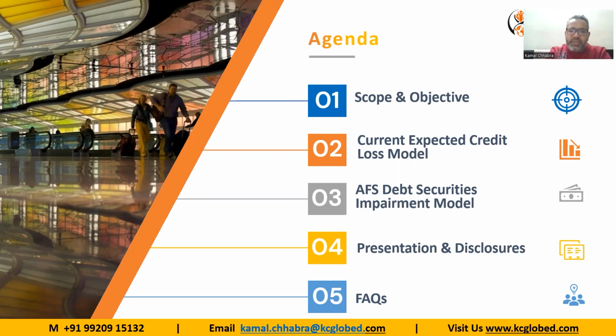Then after, we'll be investing a considerable amount of time in understanding the current expected credit loss method or model. What models are approved by the standard or considered in the standard, which you can use for calculation of the expected credit loss?